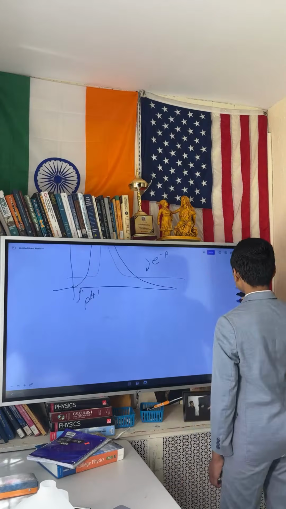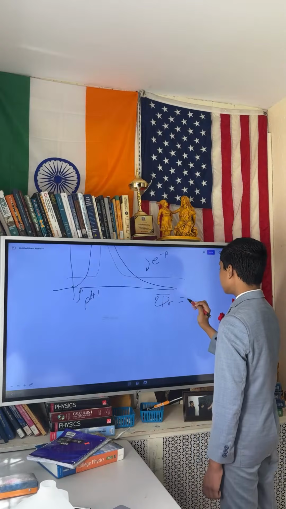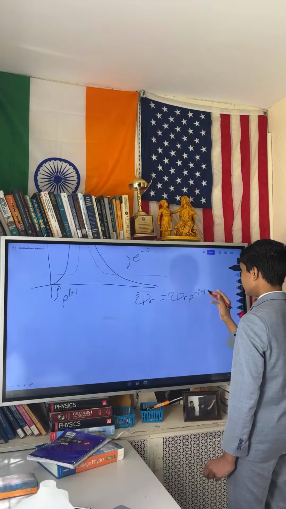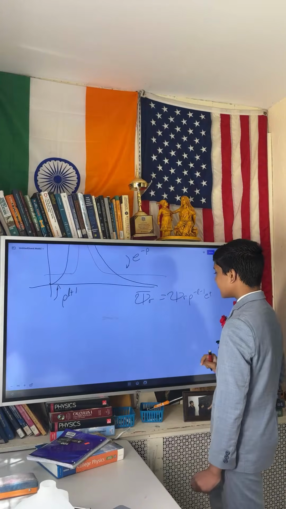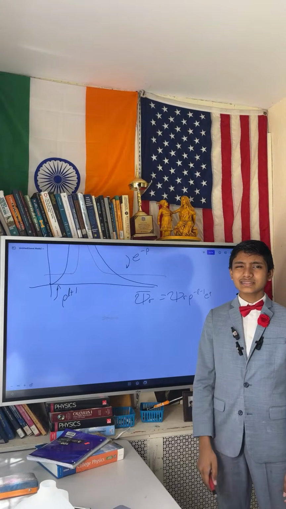So I'm going to define a new function. Psi r overline is equal to psi r rho to the minus L minus 1 e to the rho to strip off all the asymptotic behavior. But does defining that actually help?